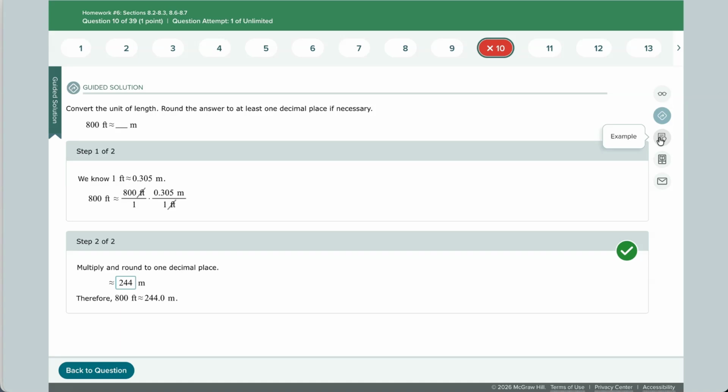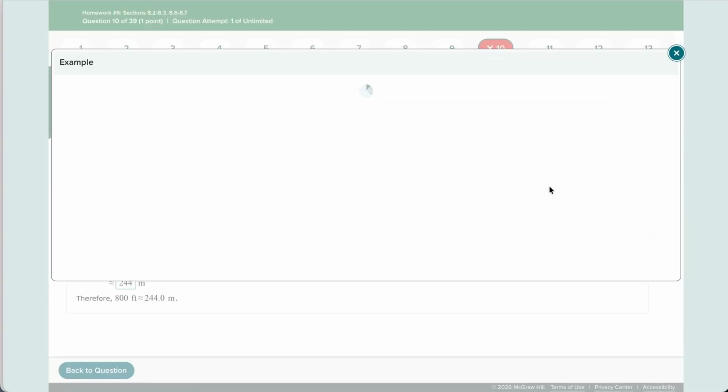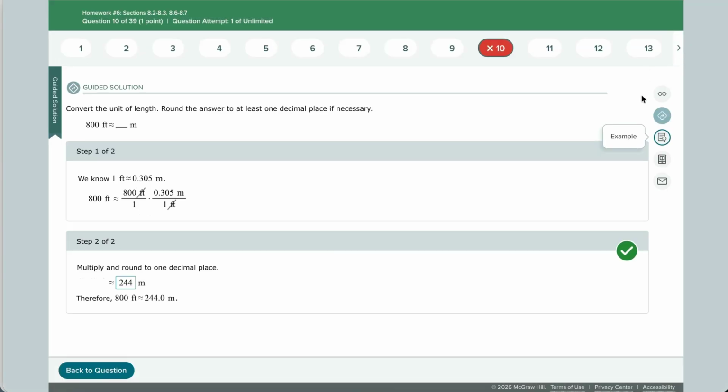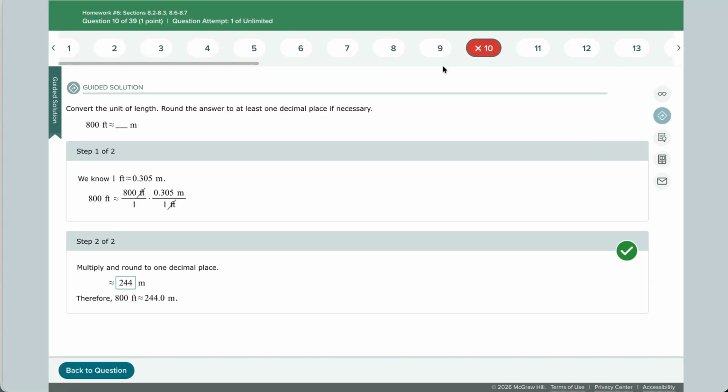And if you are still stuck, you can use the example. Okay. And then go through the example. All right. Of course, if you use the guided solution, as you can see here, you have to do another question.